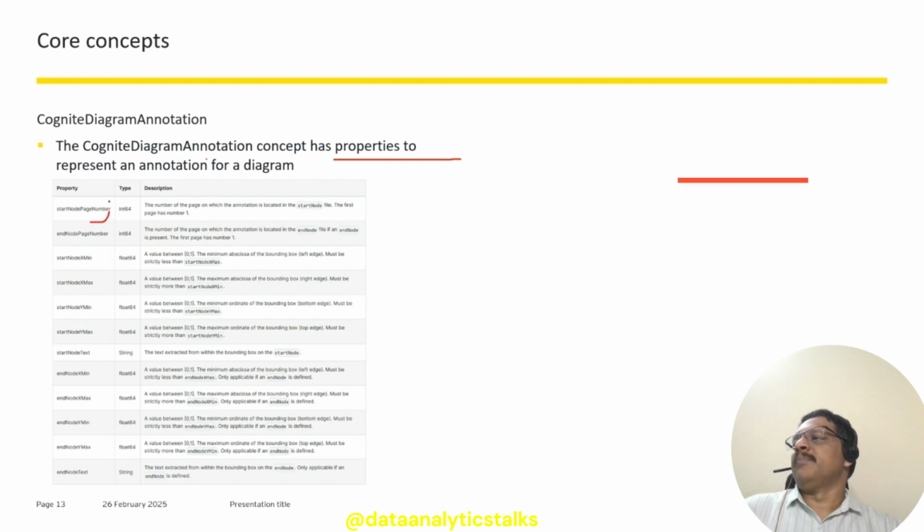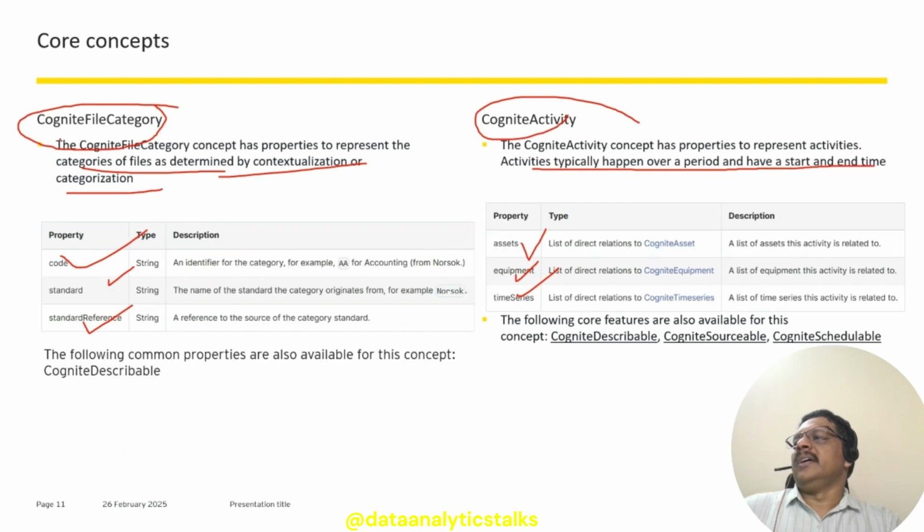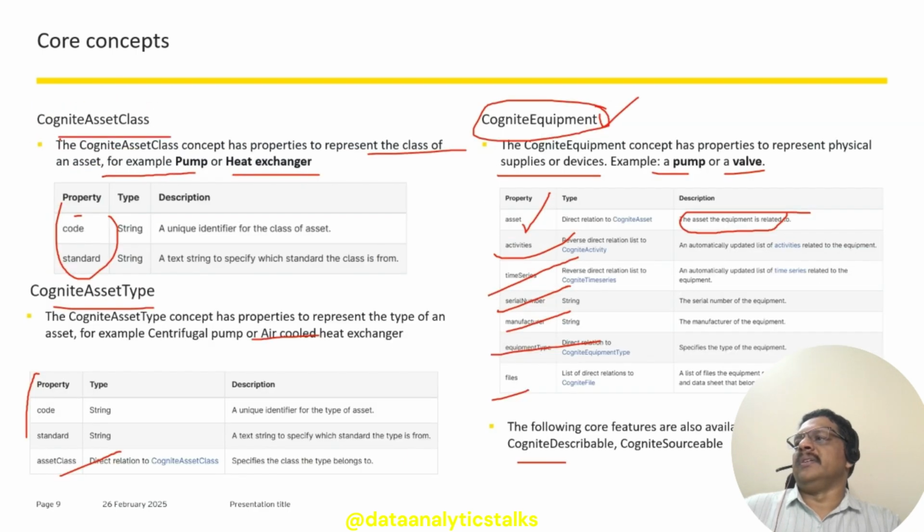It has properties like start node page number, end node page number, start node, start node minimum, start node maximum, start node text, and we have some more properties in this Cognite diagram annotation.